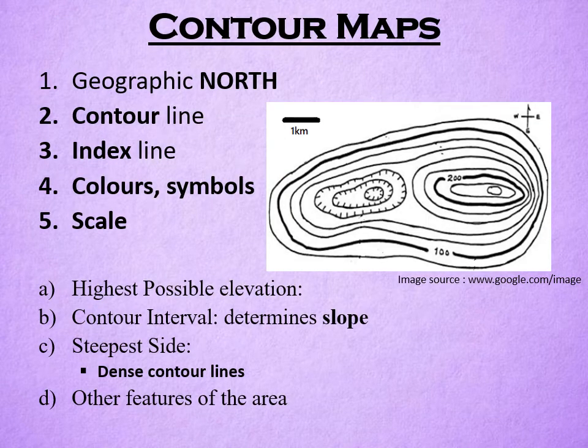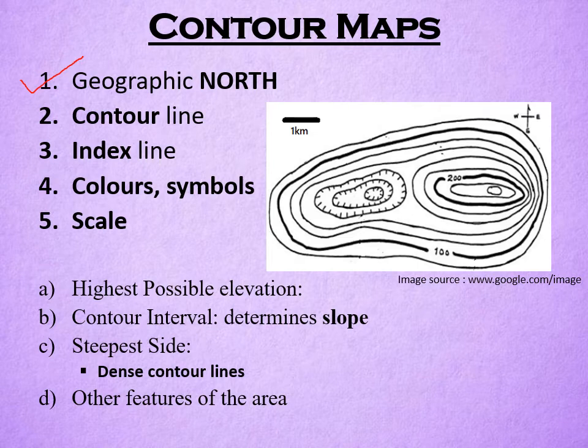So if we summarize what we find in our contour map, what should be given in a proper scientific contour map, the first and foremost is to show the geographic north direction. This one is very important because I already told you that whenever we determine the values of altitude or depths, that is determined with the help of some latitude and longitude.